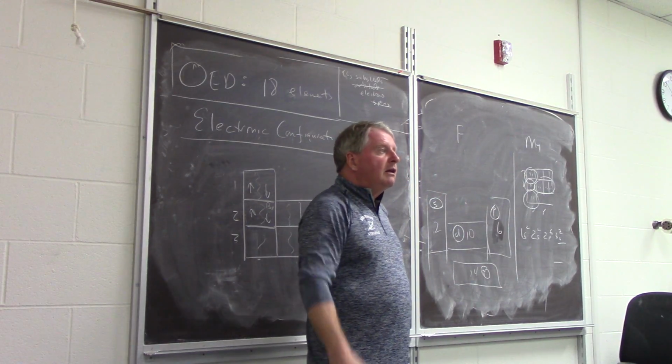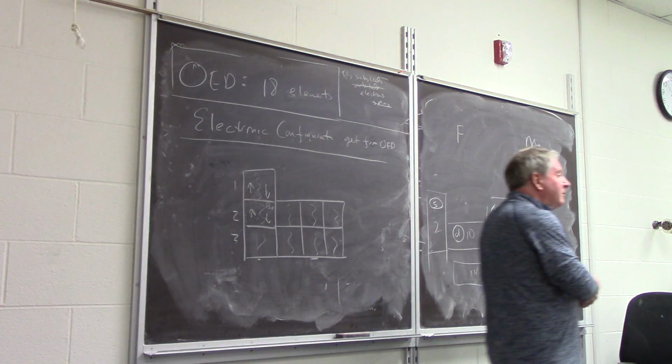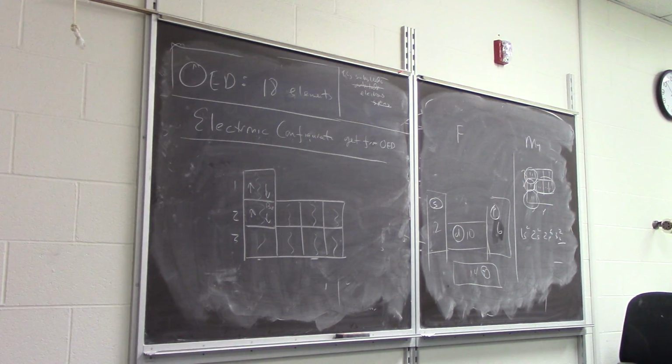The other thing about the periodic table, if you look, is the last electron. So look at magnesium up here. Where is its last electron in our diagram? It's energy level 3, right? Where's magnesium?